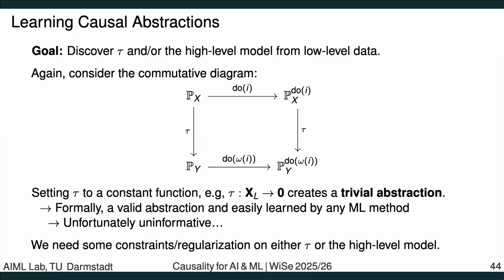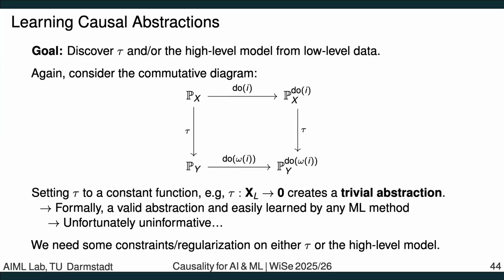So we need to apply some constraints, and this is also then the topic of causal representation learning, which not only learns this abstraction, or then called mixing functions, because they think of it the other way around, that you have an underlying process and want to only observe some outcome by a mixing of variables.